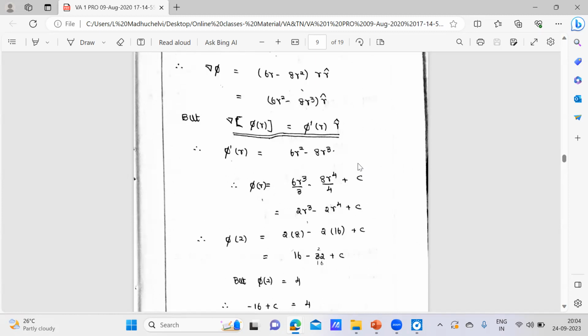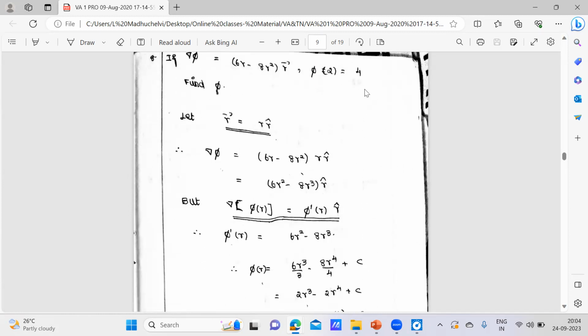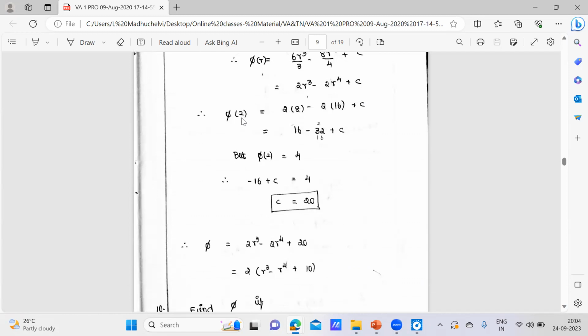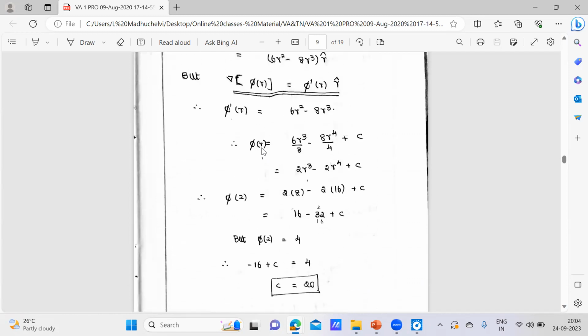But given that the value of phi at 2 equal to 4, if we substitute r equal to 2, we get phi of 2 equal to 2 into 2 cubed, that is 8, minus 2 into 2 to the power 4, that is 16.